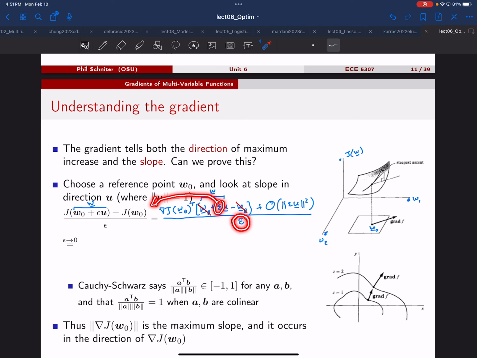And that is going to leave you with the term gradient J of w naught transpose times u. Because the epsilons canceled, all you have left is gradient transpose u.